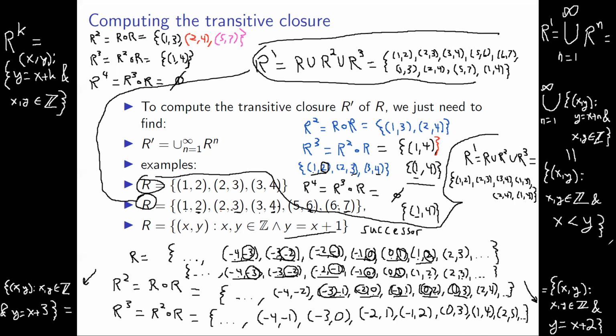And that is the transitive closure for the last one. So there it is. If you take the successor relation on the integers and you find its transitive closure, it will give you the less than relation. So less than, and not equal, but less than. So just the strict less than.